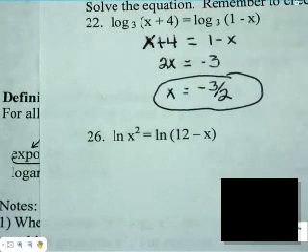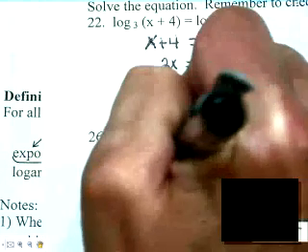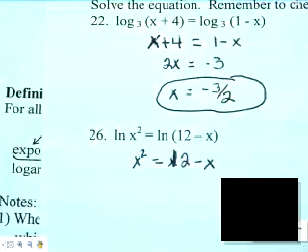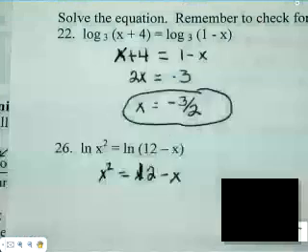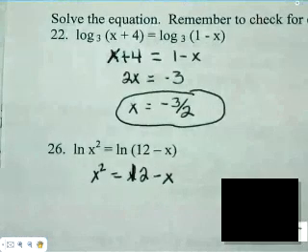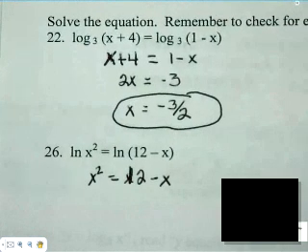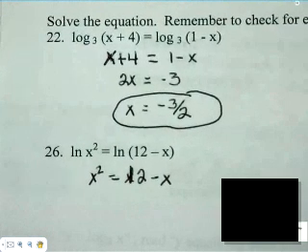It's the arguments you set equal to each other. x squared equals 12 minus x. What is different about that equation and the equation we got in the two previous problems? Which makes it what kind of equation? Quadratic. How do I solve a quadratic equation?